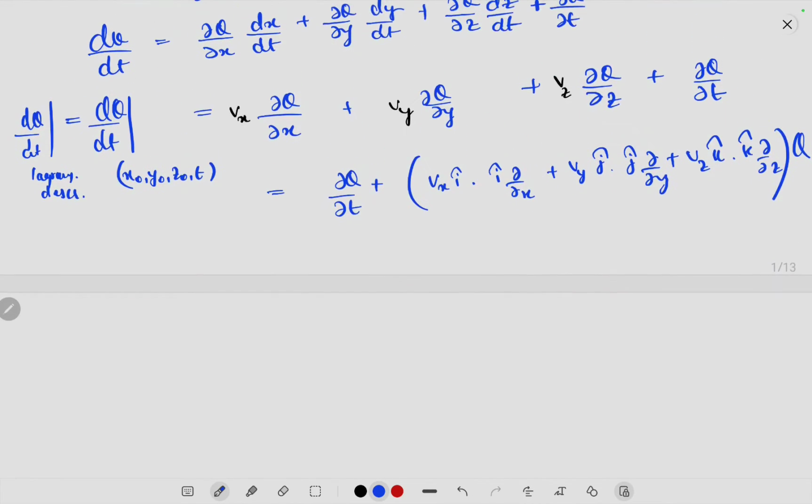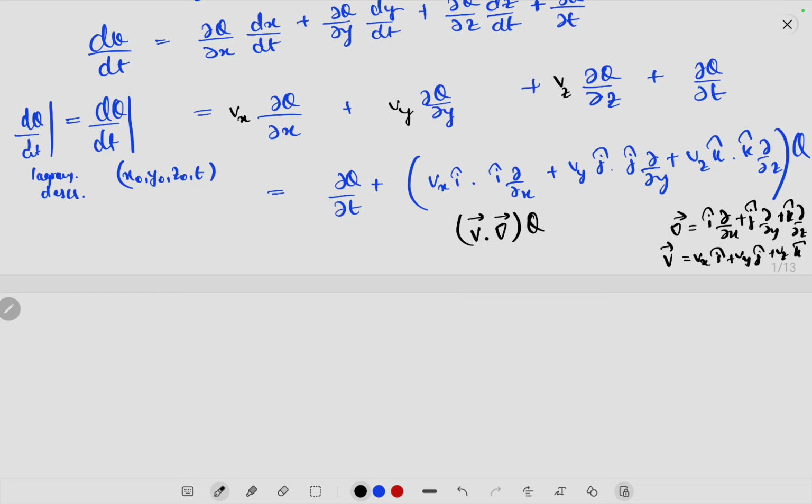Now if you see here, this expression is nothing but V vector dot grad vector into q, where grad vector is i hat del by del x plus j hat del by del y plus k hat del by del z, and V vector is Vx i hat plus Vy j hat plus Vz k hat.